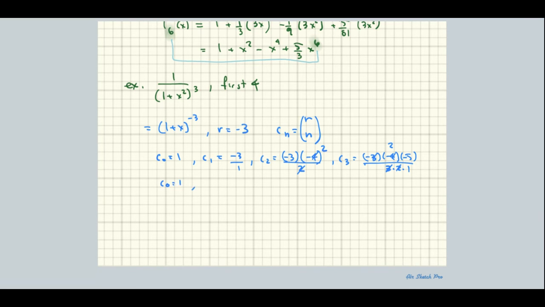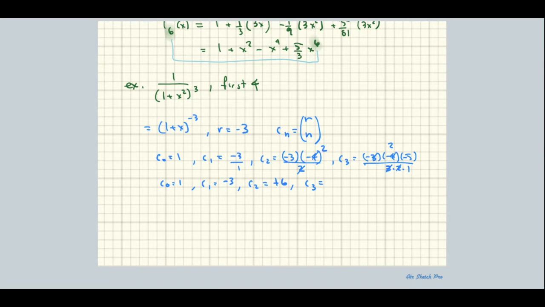C0 is 1. C1 is negative 3. C2 what? Oh, that's right. C2 is just 6, right? C3 is negative, negative, negative is negative. No. That was negative, negative, positive.